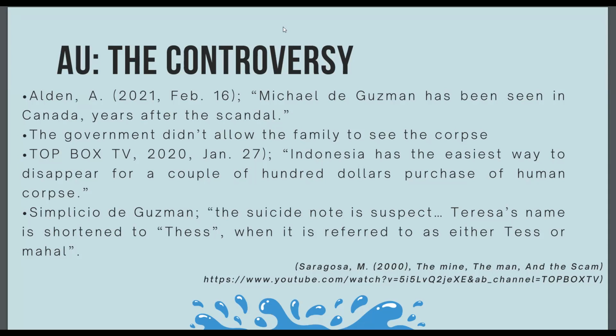Sabi ng Top Box TV sa YouTube, Indonesia has the easiest way to disappear for a couple of $100 purchase of human corpse. Which nagko-connect dun sa conspiracy na baka nga bumili si Michael De Guzman ng katawan ng tao. Tapos, finake niya yung pagkamatay niya.